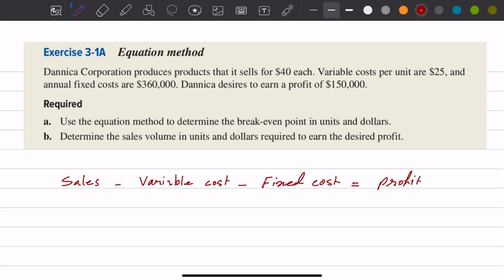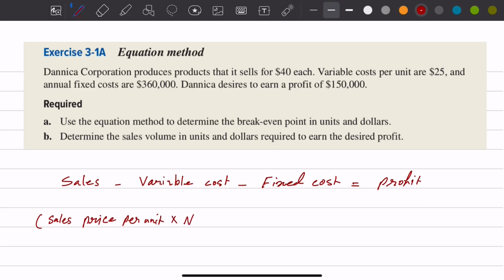Okay? And based on that, of course, we can break down some of the terms as we have learned in our lecture. We can break this total sales figure into sales price per unit multiplied by the number of units.